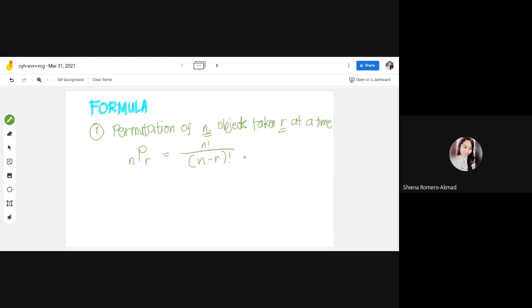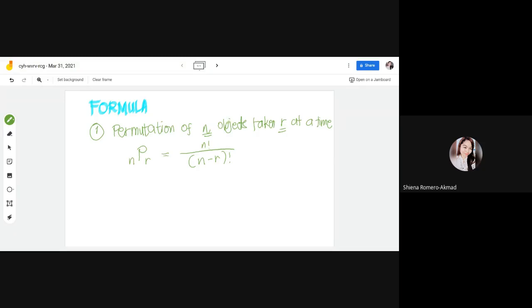Sinong pipiliin mo as the champion, the first runner-up, the second runner-up. Ano pa? For example, there are 3 boxes. Then you have to choose the items that you have to put in the box. And many things like that. Kung saan yung arrangement po ay importante.